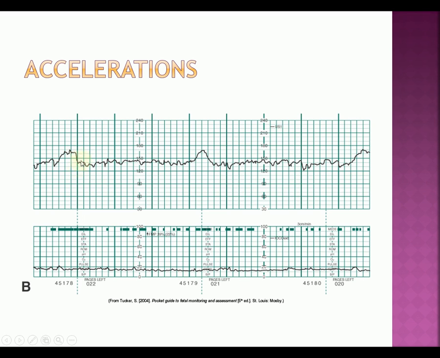So we've definitely got an acceleration that meets that criteria. And this heart rate is 160, so it's 160 based on 140, so it's 20 beats per minute above the baseline. So that's what your accelerations are going to look like. These little blips here are not accelerations. They are not meeting the criteria of being 15 beats above the baseline.